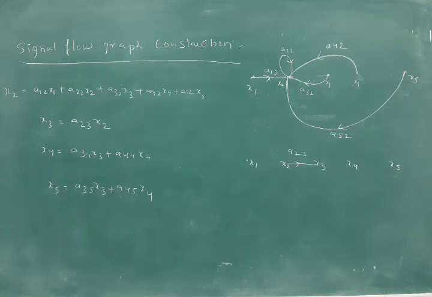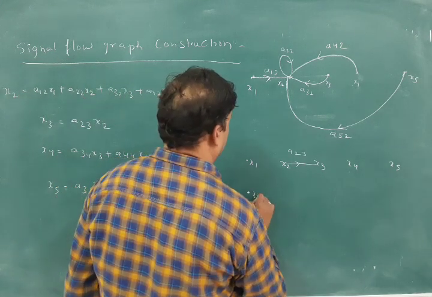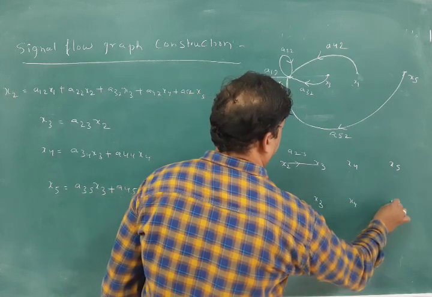X4 equals A34 into X3 plus A44 into X4. We will draw one more diagram for it. X1, X2, X3, X4 and X5.